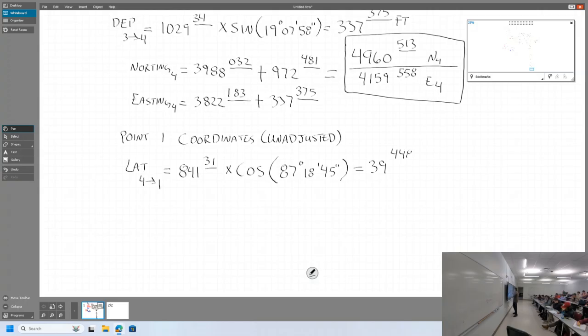Departure 1, sine of the azimuth, we get 840.385.